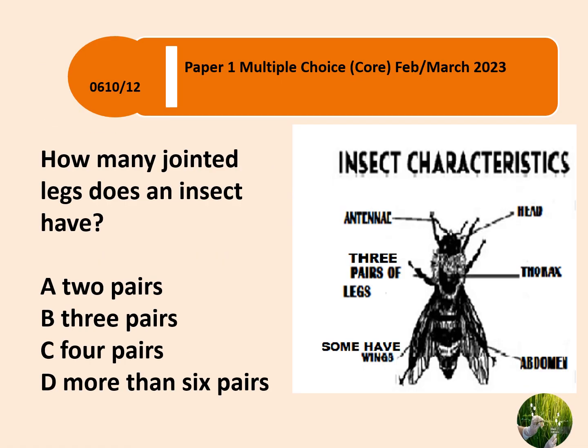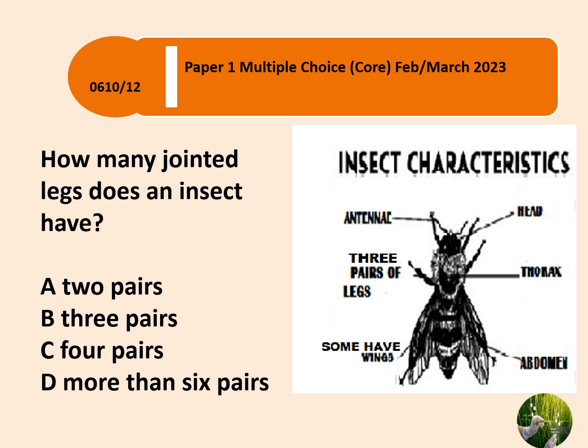This is again a multiple choice question, February-March 2023. How many jointed legs does an insect have? So the insect characteristics show that the body has three parts, head, thorax, and the abdomen, pair of antennae, and three pairs of legs, and most have wings.